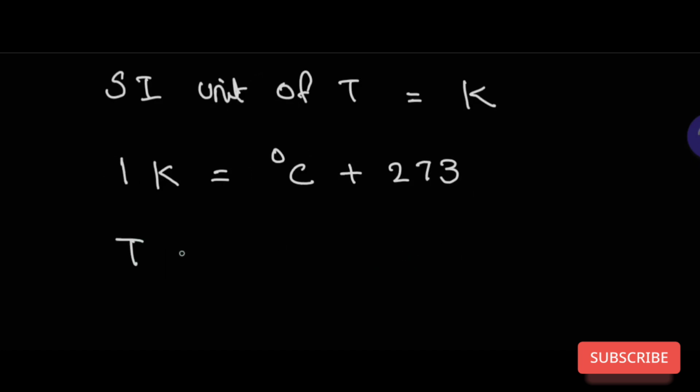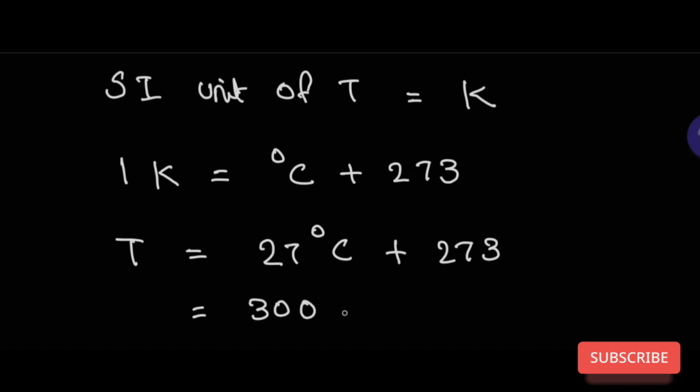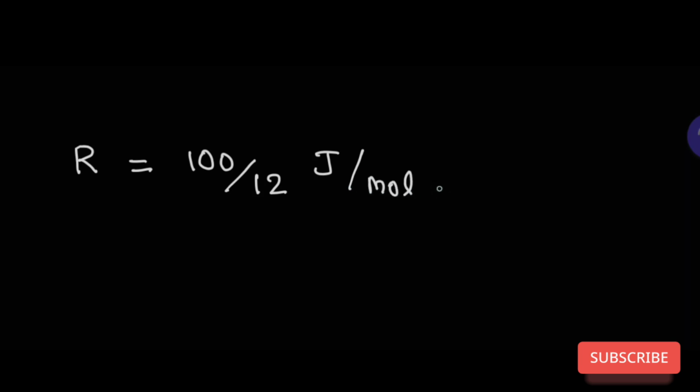So the temperature in Kelvin is equal to 27 degree centigrade plus 273, which equals 300 Kelvin. Now the universal gas constant R is equal to 100 divided by 12 joule per mole Kelvin, as given in the question.